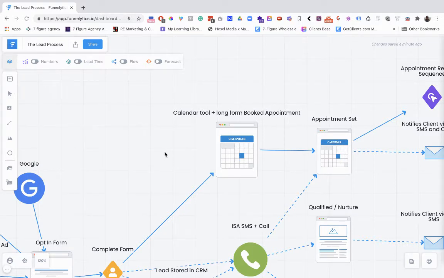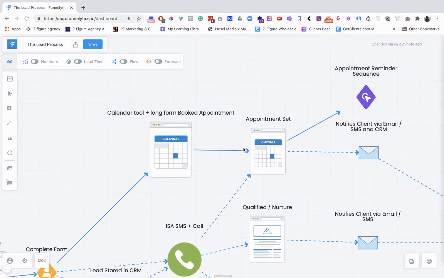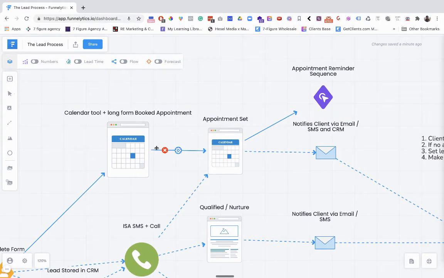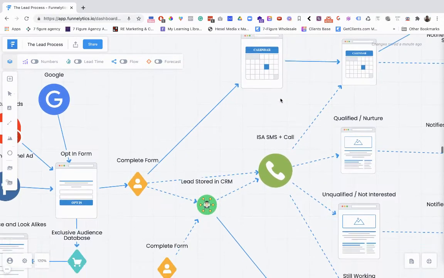We have about 20 to 40% of appointments, depending on the market, being done with this step. As soon as this happens, they go through a long form and the appointment is set. If people go this route, you are going to get a notification as an SMS in the CRM and an email. An appointment reminder sequence goes to the lead so that they don't miss their appointment.